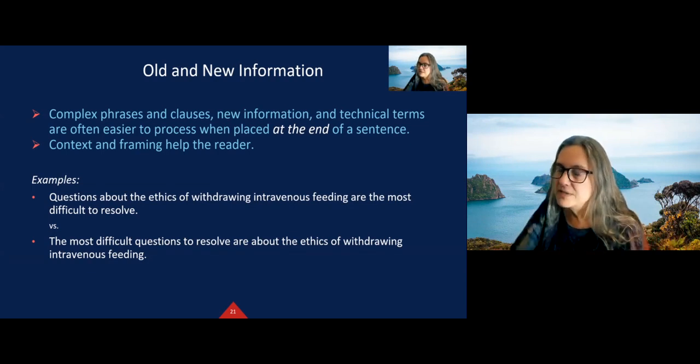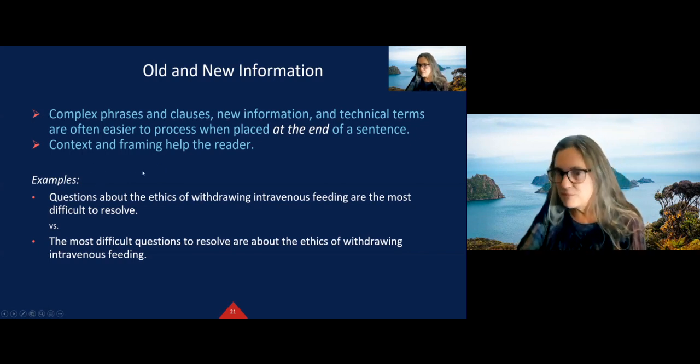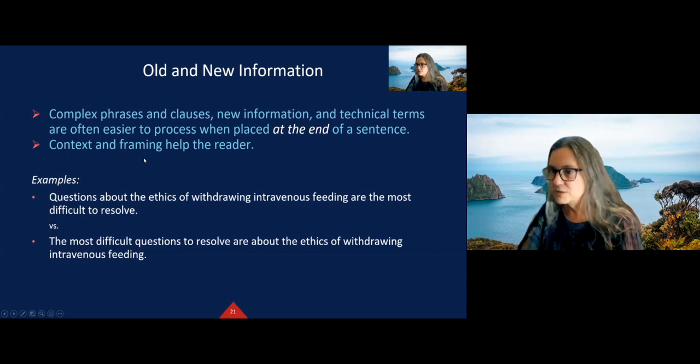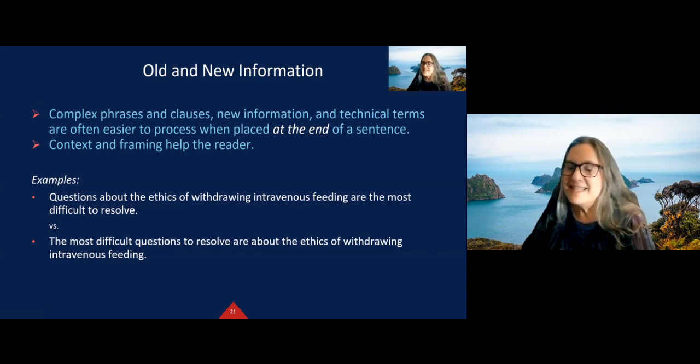So if it's at the end of a sentence, it's more recent than what was at the beginning. Context and framing help the reader. At the beginning of the sentence, some of that connecting information can help create a context or frame this new information. So that helps us get there.